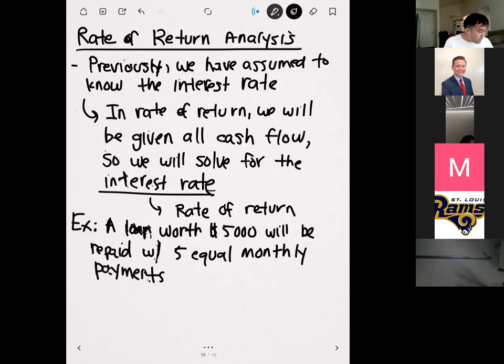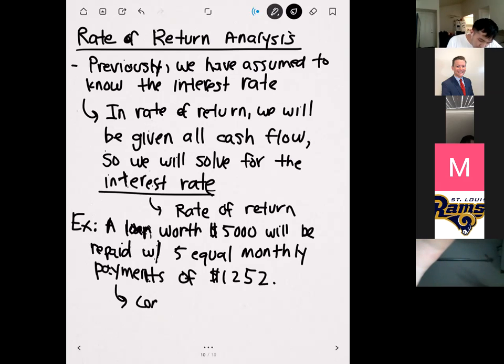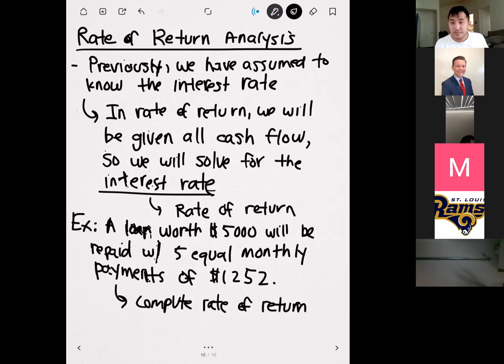And the payment amount is going to be $1,252. And so from this information, let's compute the rate of return. Okay, so that's the situation that we have here.